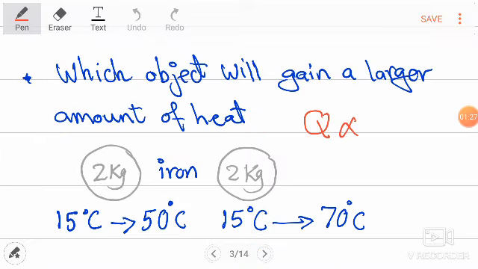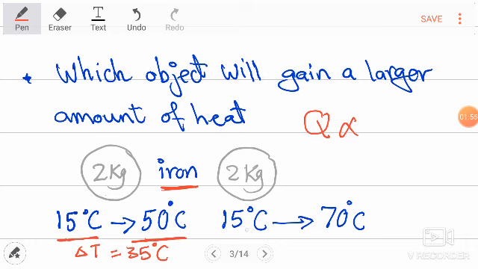Now, you have two objects of the same material, iron for example, each of 2 kilograms. The first object is heated from 15 degrees Celsius to 50 degrees Celsius. So the change in temperature equals 35 degrees Celsius.